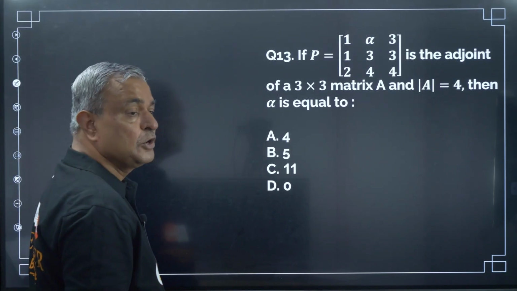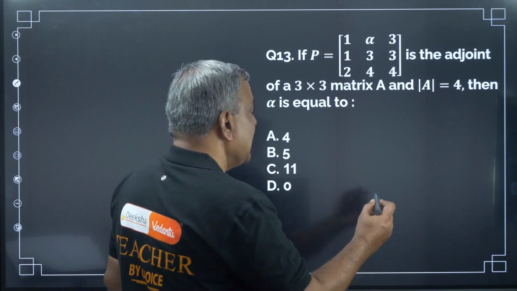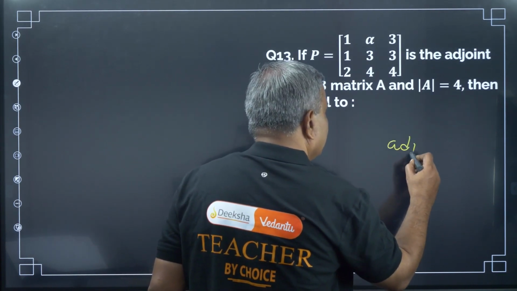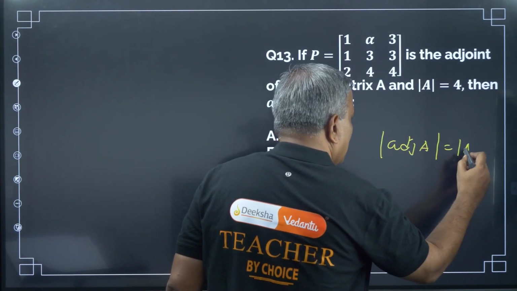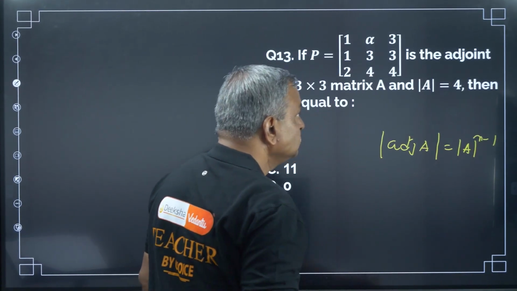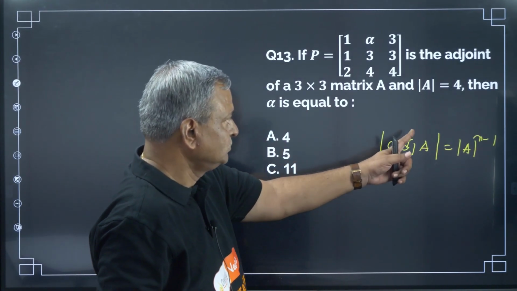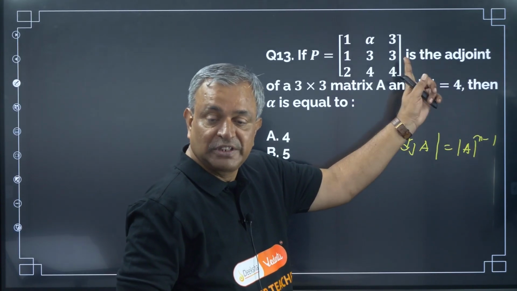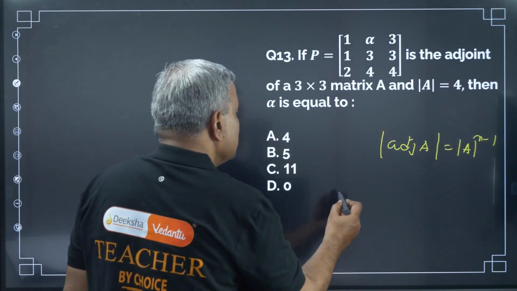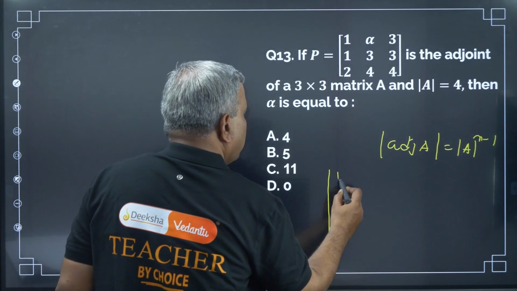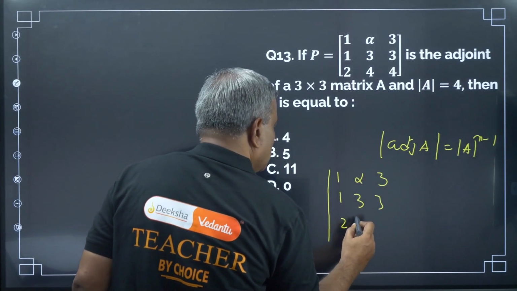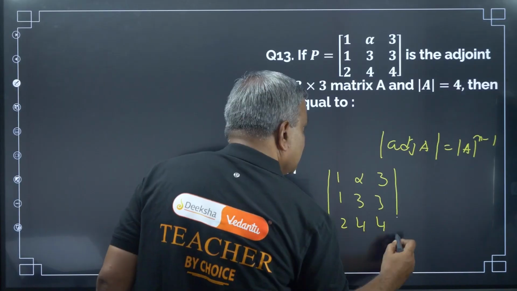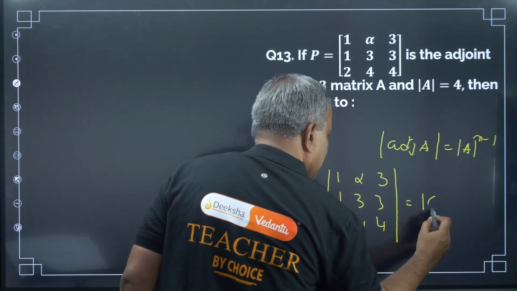Question 13. So we know the concept used is adjoint: det of adjoint is det of A to the power n minus 1. They already gave 4. So 3 into 3 is there, 4 square is 16. So determinant of 1 alpha 3, 1 3 3, 2 4 4 is equal to 16.